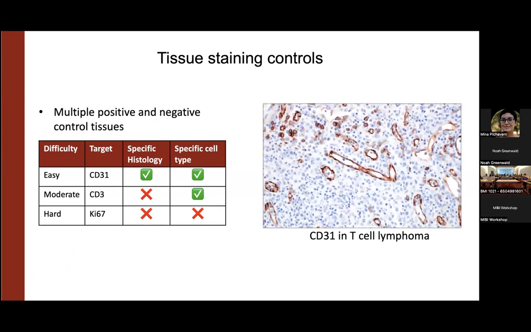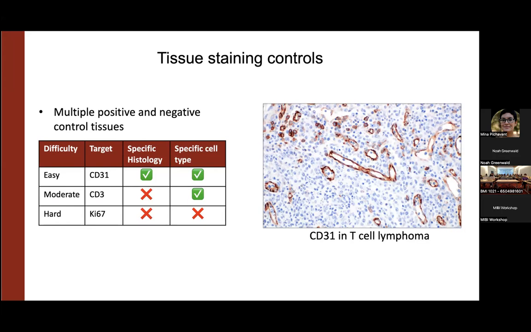CD31 is a marker that binds endothelial cells, which are typically found around blood vessels. So you can see that CD31 has a very specific histological site where it is expressed, as well as a specific type of cell that expresses it. So you have an easy way to find out if you have a positive signal.